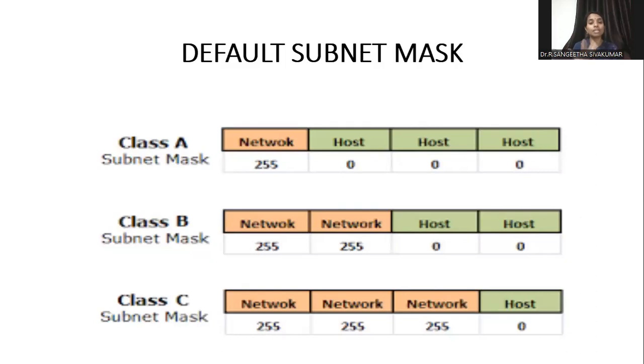The default subnet mask for class A is 255.0.0.0, for class B it is 255.255.0.0, and for class C it is 255.255.255.0. So this is how we can differentiate between class A, class B, and class C.